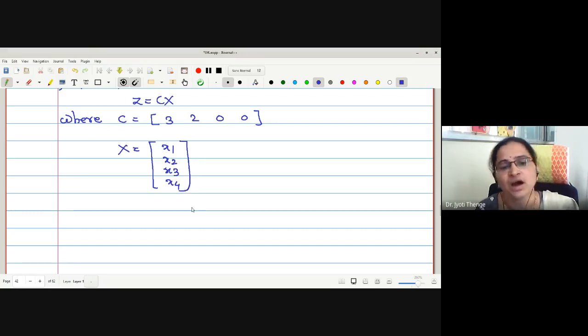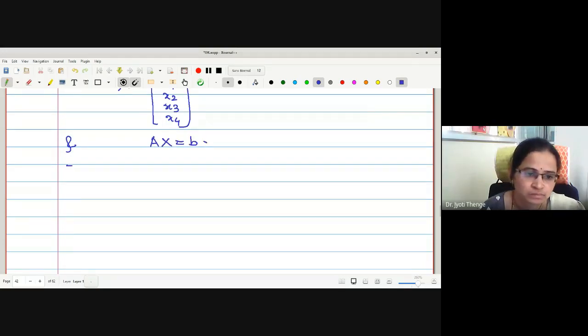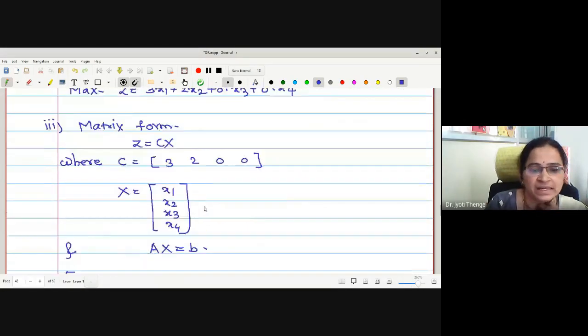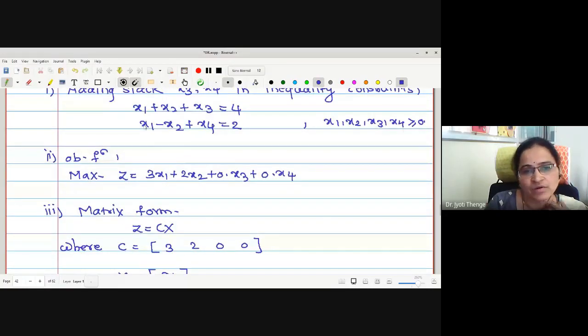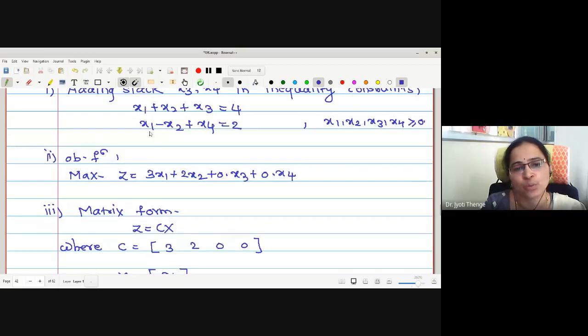Now we will write the constraints. What is the constraint? AX is equal to B. Two constraints we have. How are we writing the entries in this A matrix? First column is the coefficients of x1. What are the coefficients of x1? 1, 1.